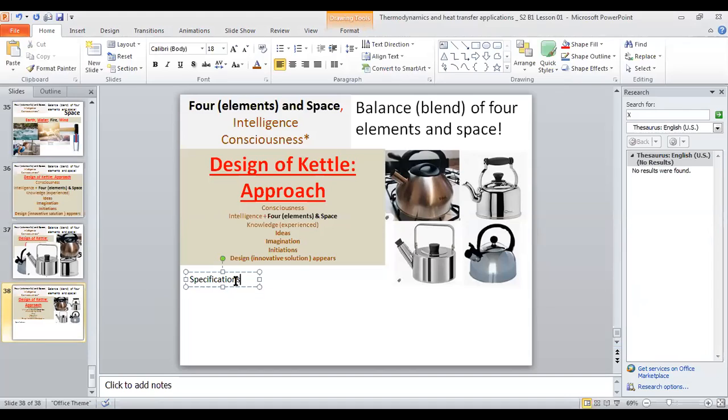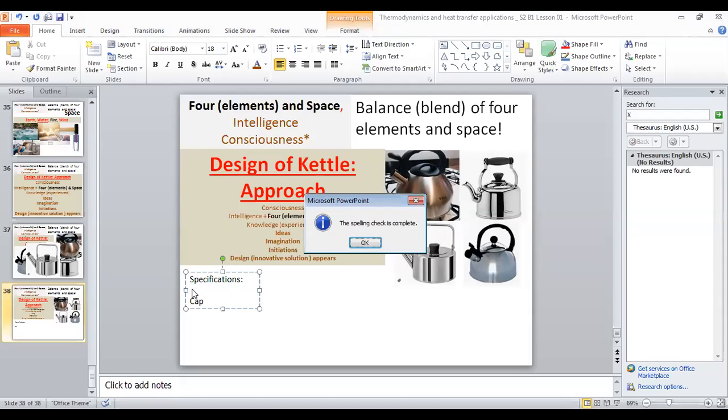Under this, the primary one is the capacity. How many liters of water does the kettle hold inside? How many liters, yeah, you are using first.